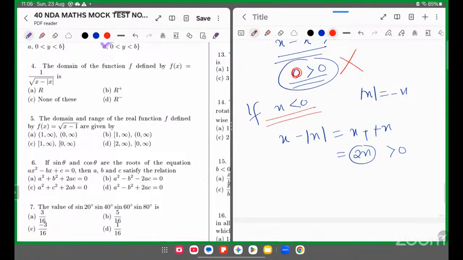Here our assumption is x less than 0, but we are getting that x is greater than 0. Our assumption is negative, but we are getting it is positive. This is also contradicting each other.